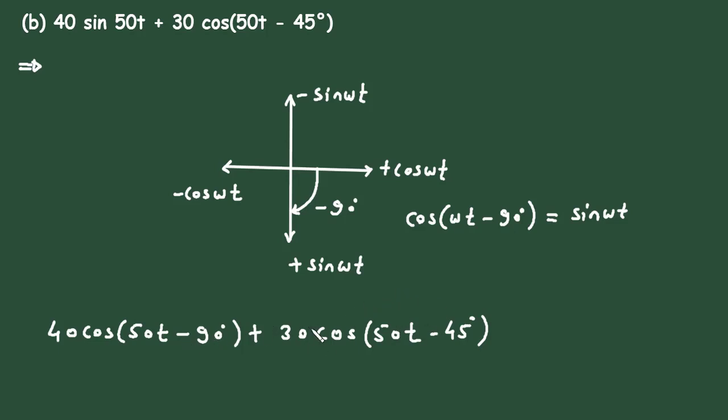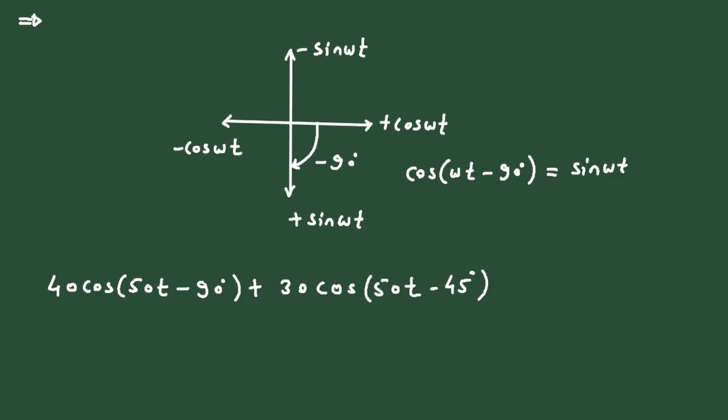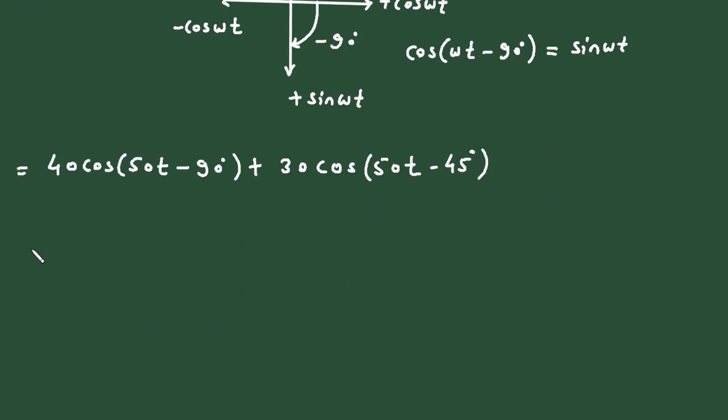So now this is in standard format. We can convert this into its equivalent phasor form. So directly it will be 40 at an angle minus 90 degree plus 30 at an angle minus 45 degree.